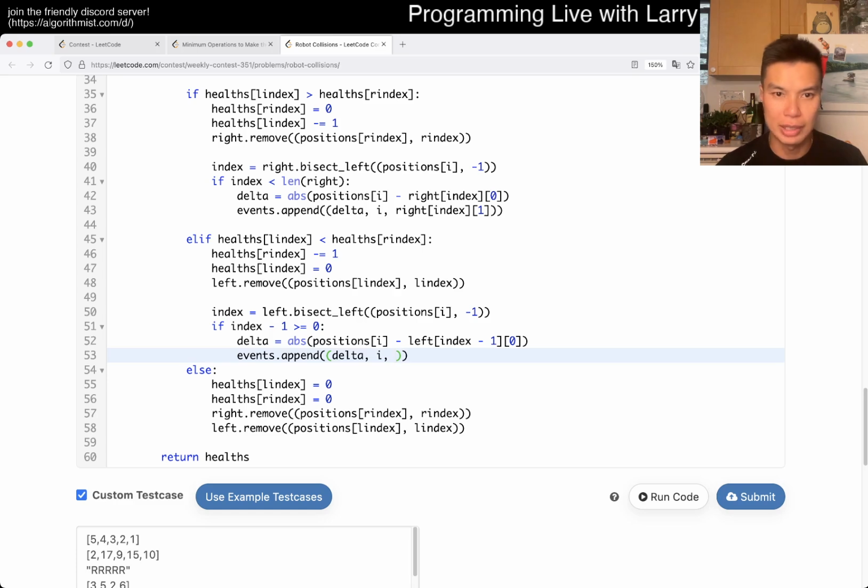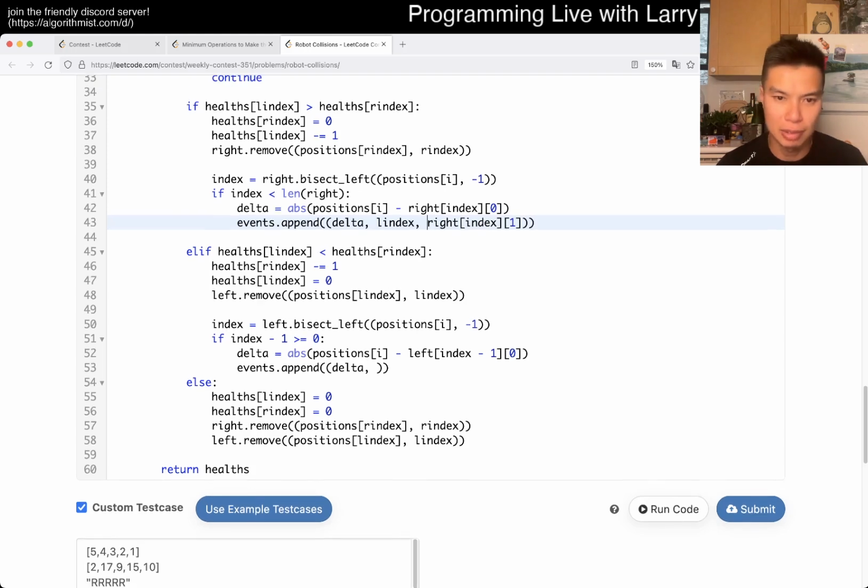Oh no, I cannot append anymore, but I'll fix it. I think that this is wrong. So the left index is the same. The right index we updated to this thing, which actually is right. Okay, fine. Now the right index 1, so then we have to update the left index, which is this thing, and that's fine.